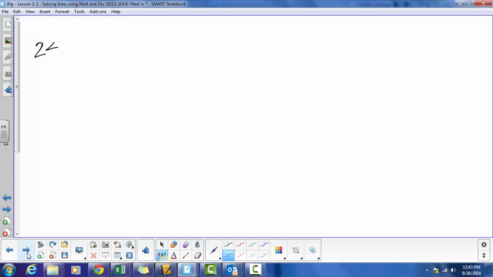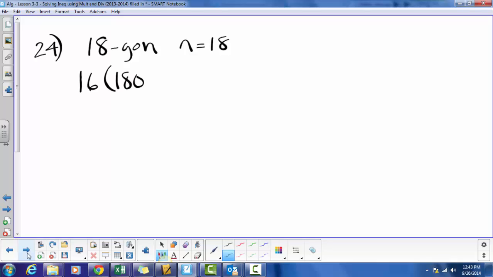Okay, number 24. I have an 18 gon. That means it has 18 sides. So n equals 18. So n minus 2, let's see, 16 times 180 divided by 18. So actually, this becomes 10.